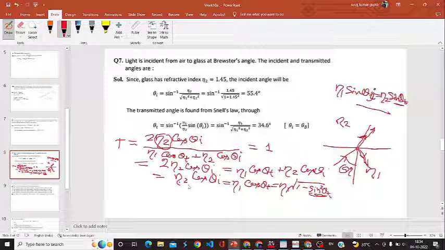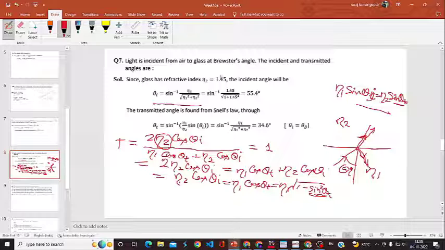By using some mathematical manipulation you will find sine of theta I equals eta 2 over root over eta 1 square plus eta 2 square. The values of eta 2 and eta 1 we already know.